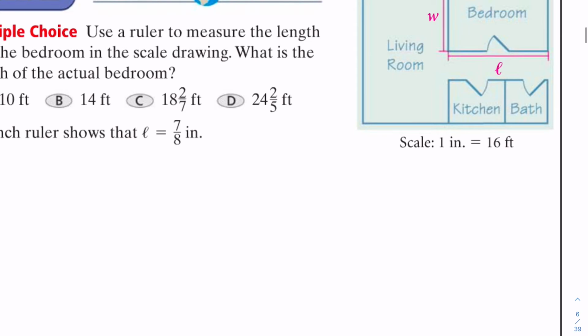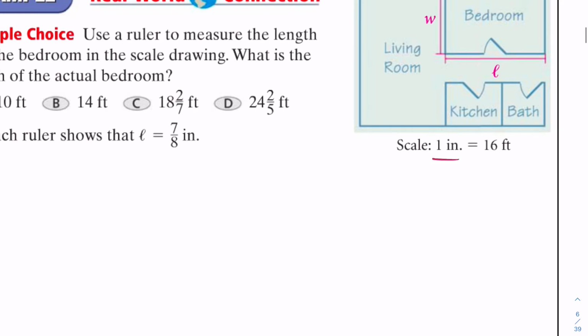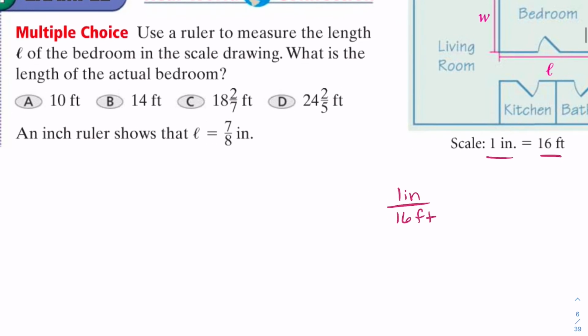So in this case, we have a scale which is 1 inch is to 16 feet. So I'm going to say that 1 inch is equal to 16 feet. What we measured is a length of 7/8 of an inch.